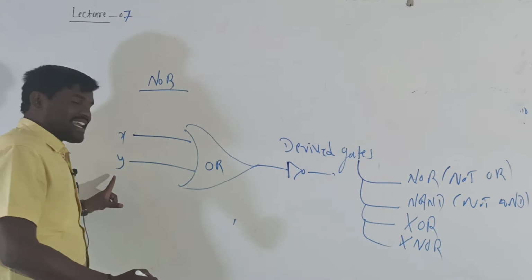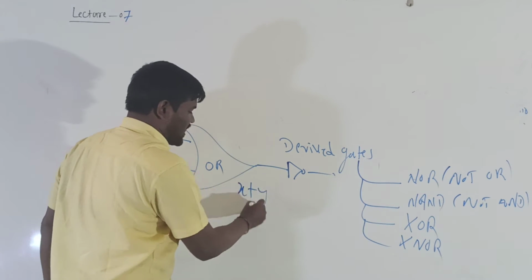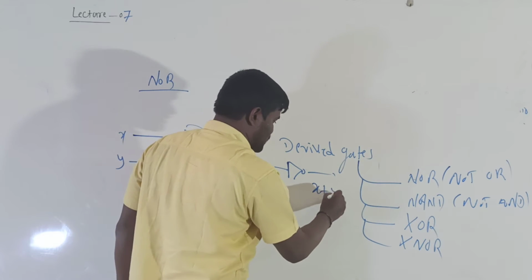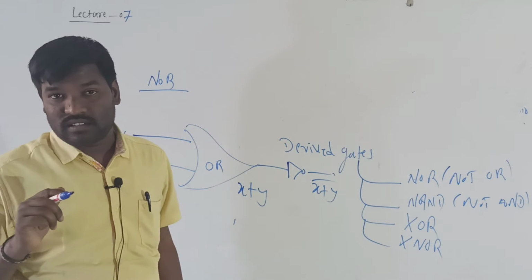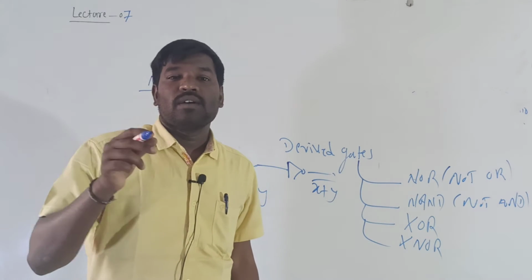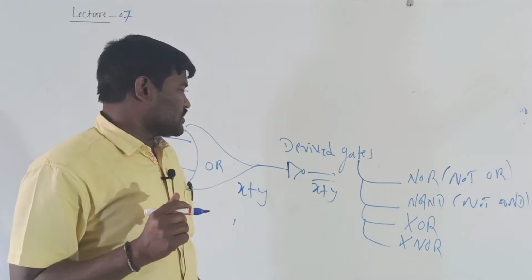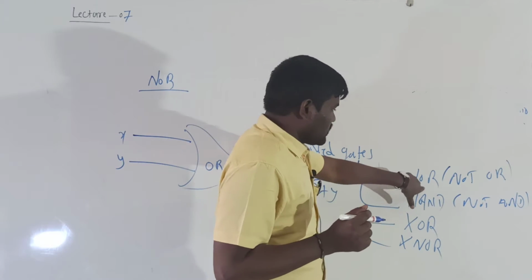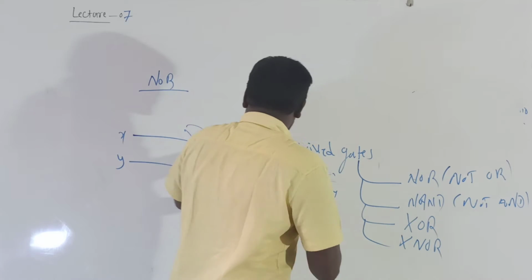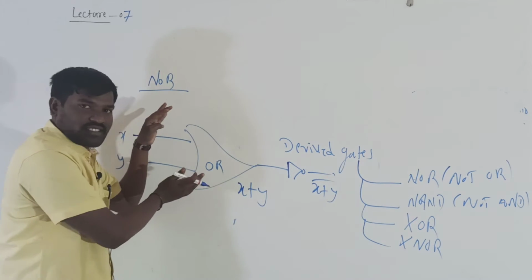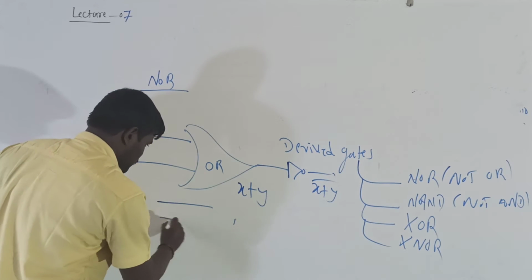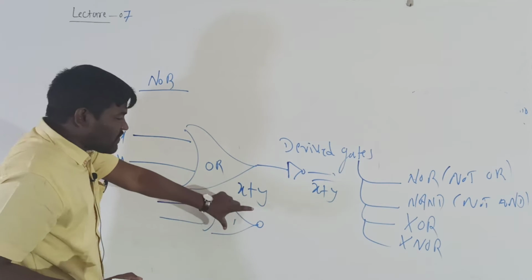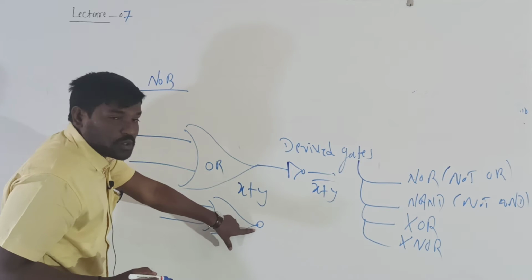If I pass x and y, the result is x plus y. Again I apply the inverter, so the result becomes x plus y whole bar. So this is the not of OR gate. NOR gate means not of OR. The simplified version of this circuit is, after drawing the OR gate you put one circle.